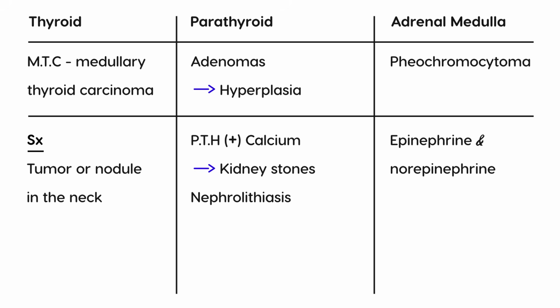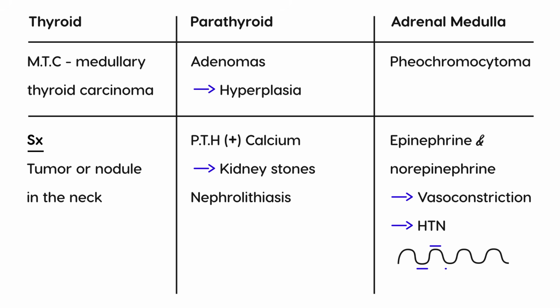These catecholamines cause strong sympathetic nervous system responses. One of the most important is vasoconstriction, and vasoconstriction, if you remember, causes severe high blood pressure. So this leads to hypertension. But what's interesting about the release of epinephrine and norepinephrine from the adrenal gland is that it's episodic. It's normal, then really high, normal, really high, and that reflects in the blood pressure.